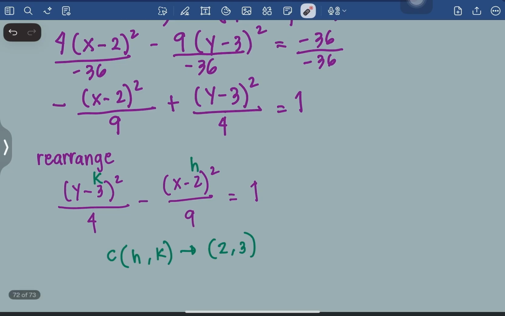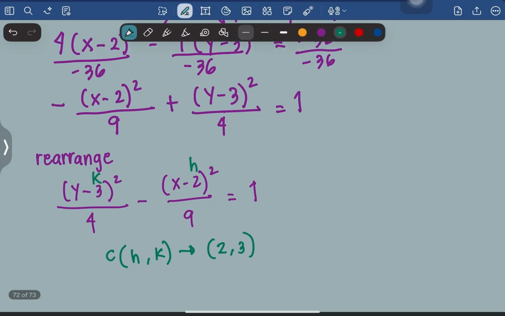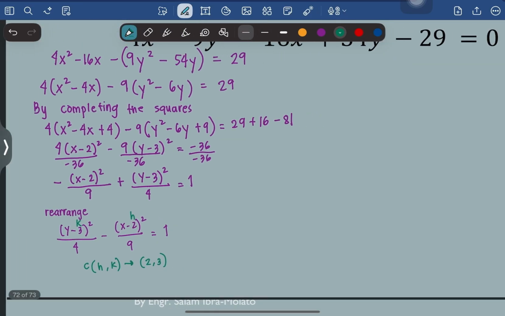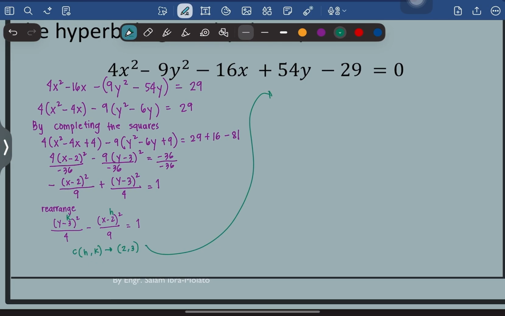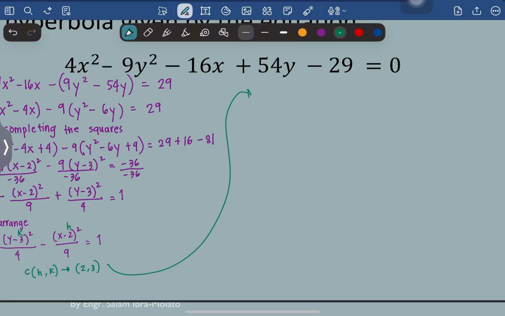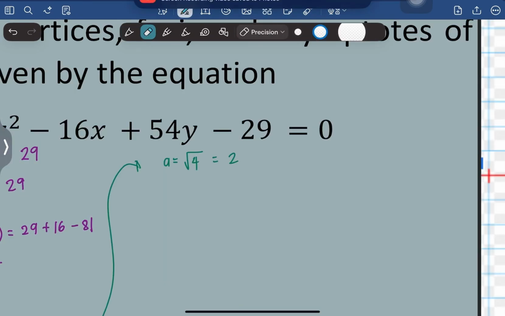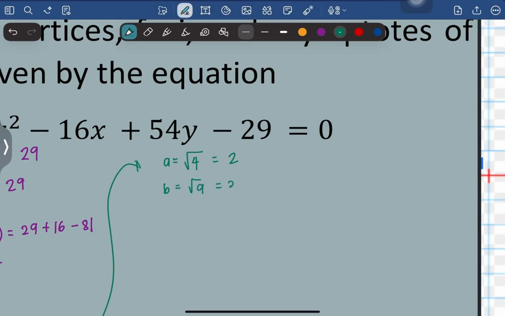So, yung denominator ng positive term is the A squared. So, to solve this one, A is, get the square root of 4, so equals 2. For B, get the square root of 9 equals 3.